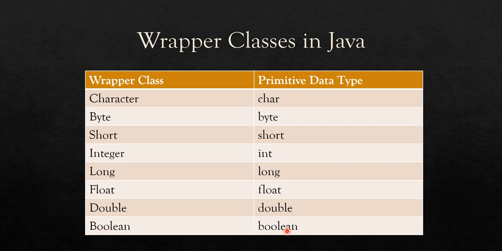Otherwise, it is exactly the same name as the primitive data type. Only for char, the wrapper class is Character, the complete word, with the first letter in capital. That is the only difference between the wrapper class and the primitive data type.